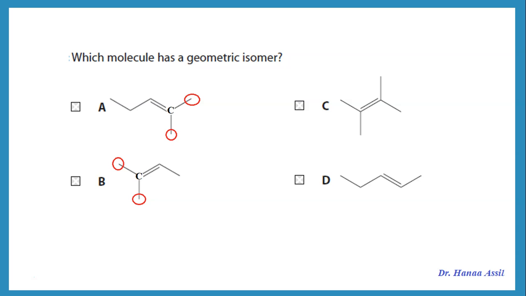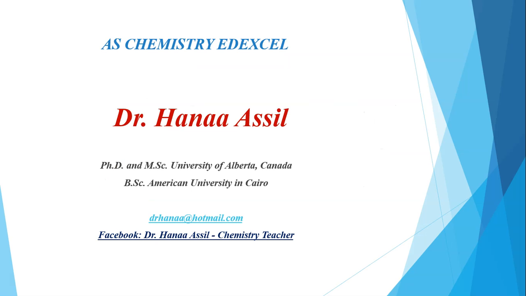Yes, and that carbon is bonded to the same groups, so no geometric isomers. Each of the carbons is bonded to the same group. This one, the carbons are bonded to different groups, so this is the one that will have a geometric isomer.